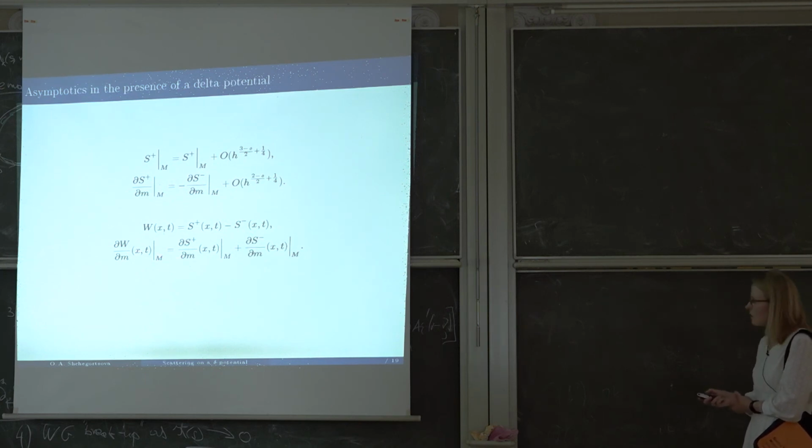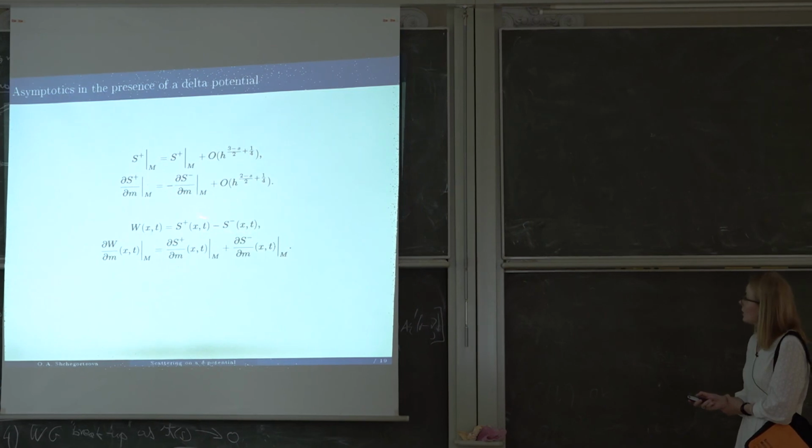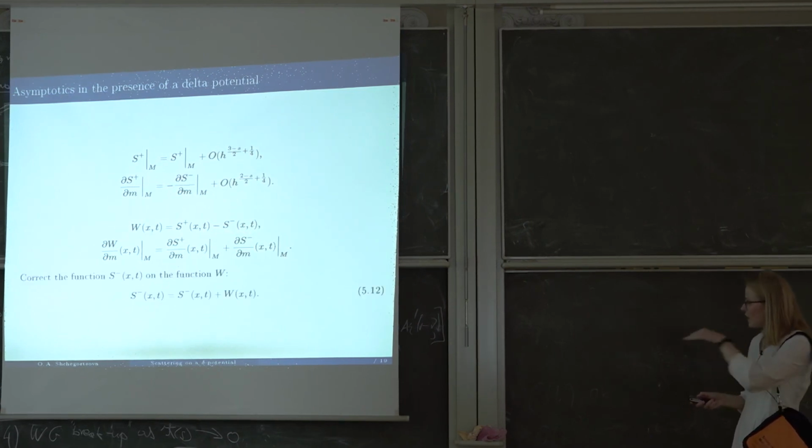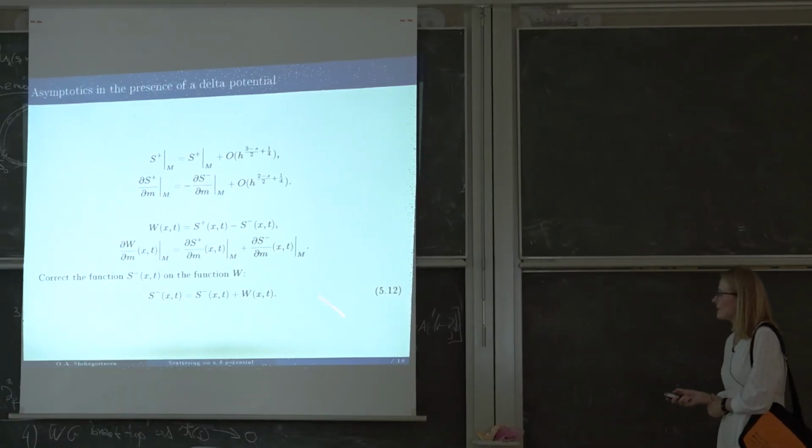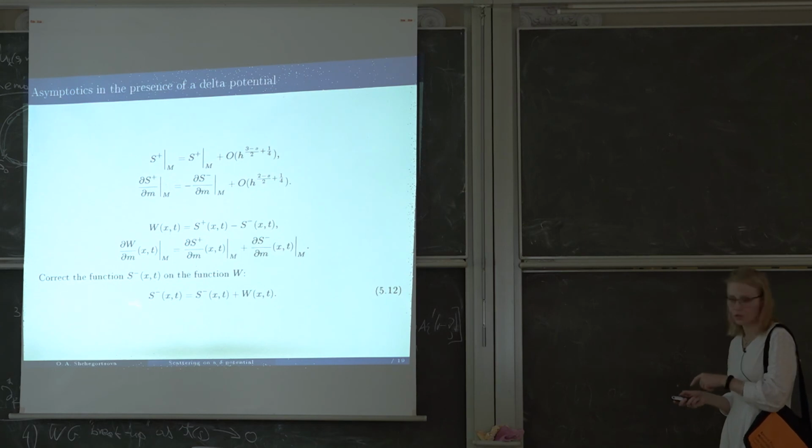If we define this function on the surface M with these conditions, then we can correct the rejected phase by this function, and the estimate for this function is such that it doesn't ruin the approximate solution. We need this to satisfy the boundary conditions exactly.